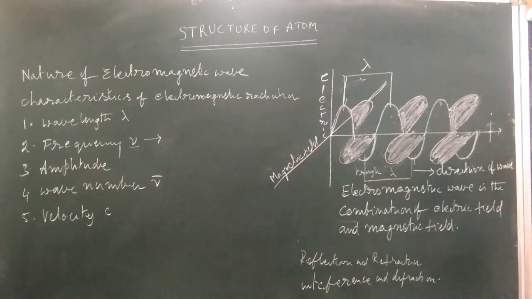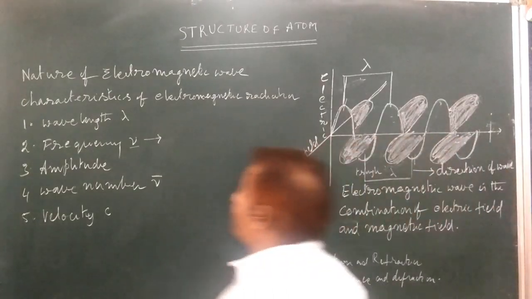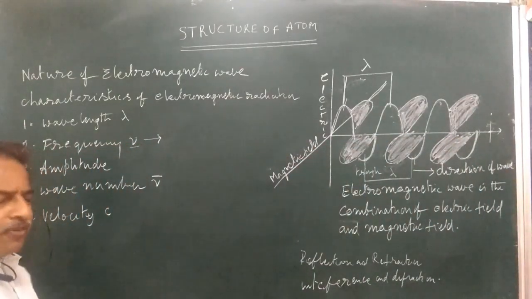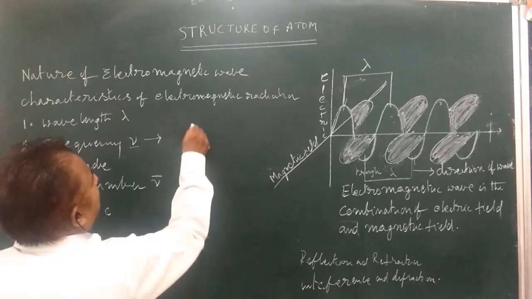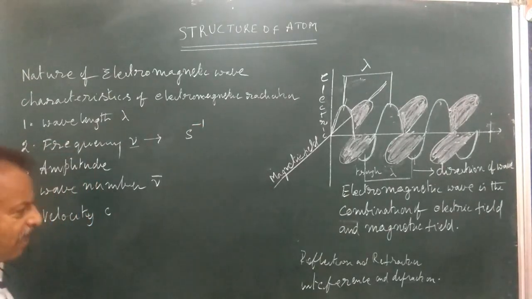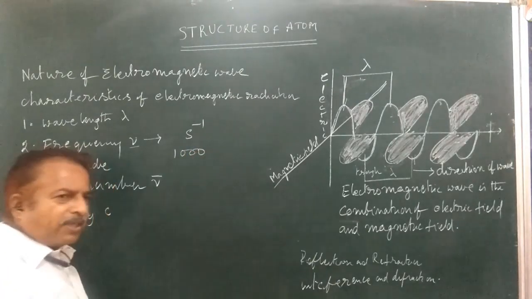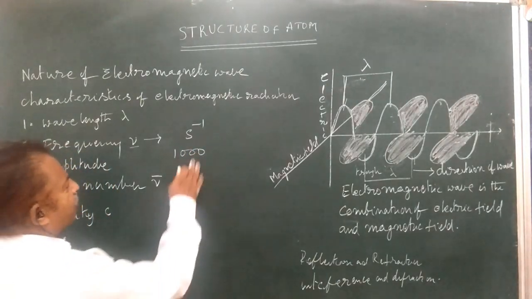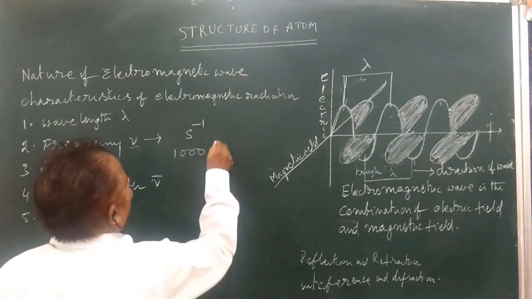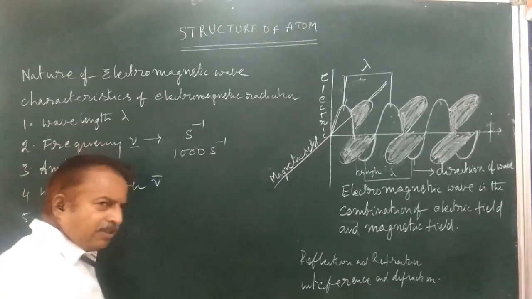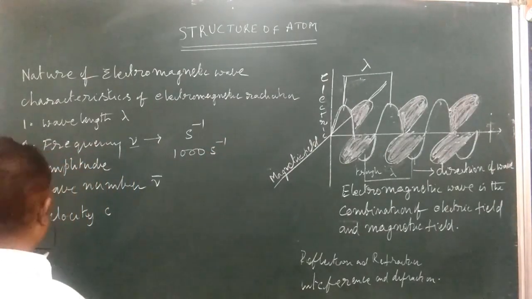The number of waves that pass through a particular point in 1 second, that is unit time, is known as frequency. So the unit of frequency is second inverse. For example, if 1000 waves pass through a particular point in 1 second, it is represented as 1000 per second. So that is frequency.